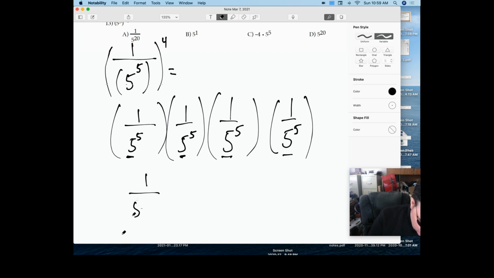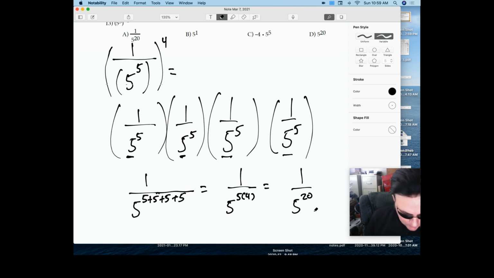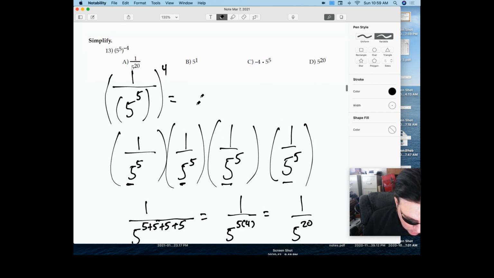So this is 1 over 5 to the 5 plus 5 plus 5 plus 5. But that is the same thing as group addition, which is multiplication. So this leaves me with 1 over 5 to the 20th. Okay, so there's our answer.